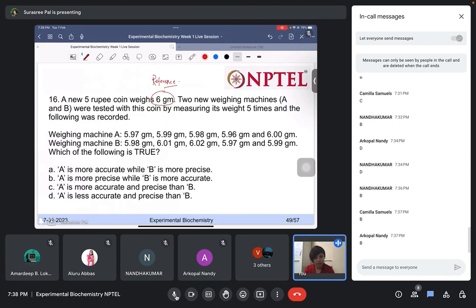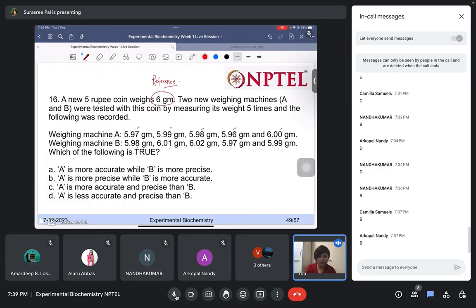The first weighing machine shows 5.97, 5.99, 5.98, 5.96 and 6 gram. The second weighing machine shows 5.98, 6.01, 6.02, 5.97 and 5.99 gram.